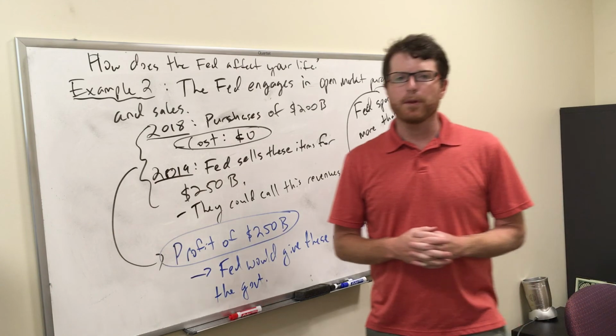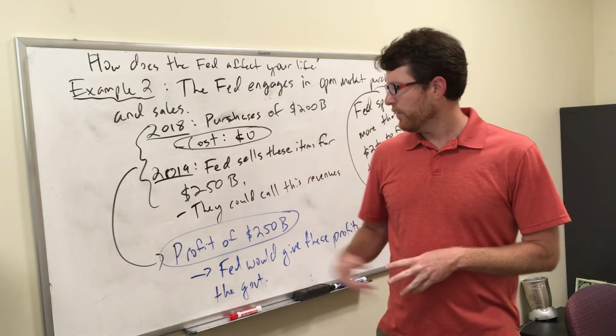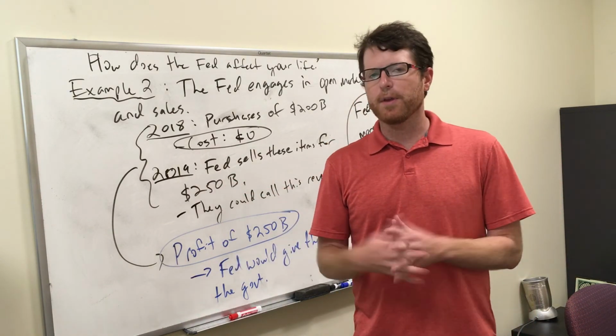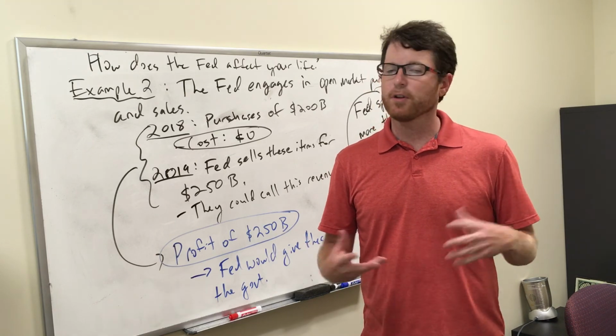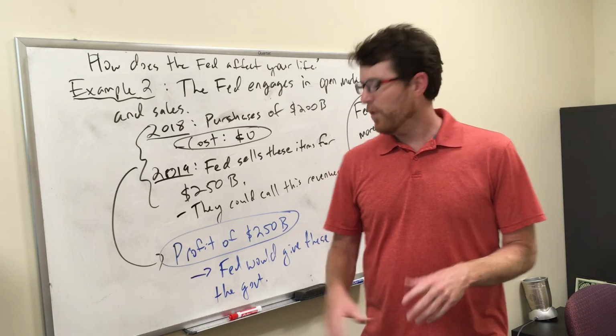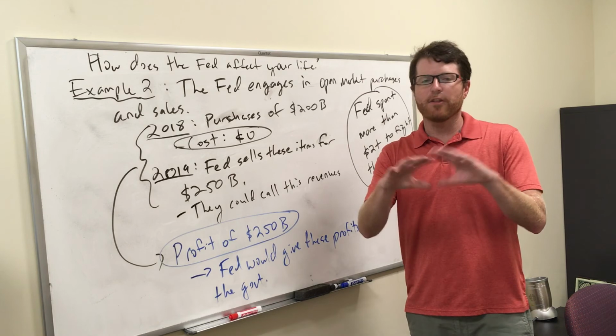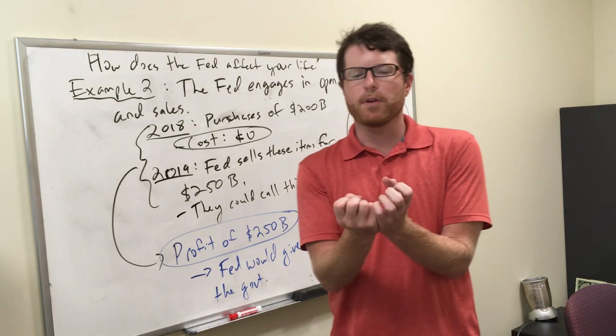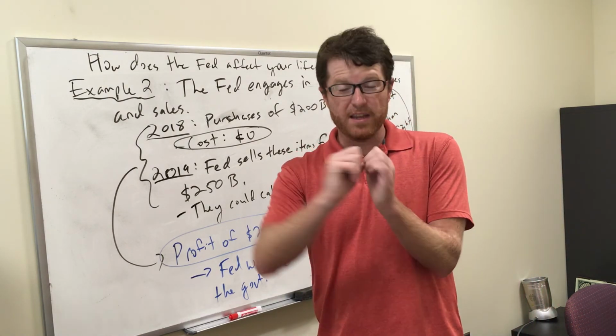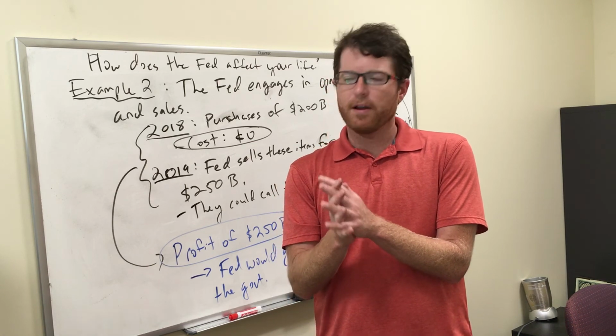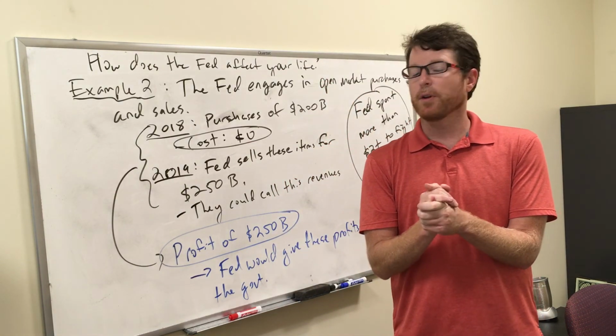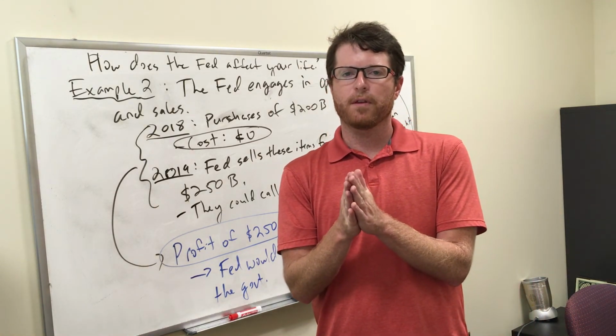They have operating expenses, right? So, some of this money in reality could end up being used to pay for employees or pay for electricity or whatever. But whatever profits they have, just like any other company that has profits, they're going to do something with it. What our Fed does is they give it to the federal government. And every year, in recent times, the Fed has been giving billions of dollars to the government every year.